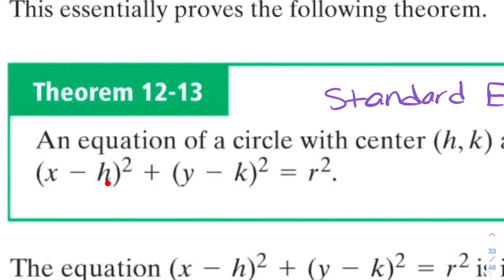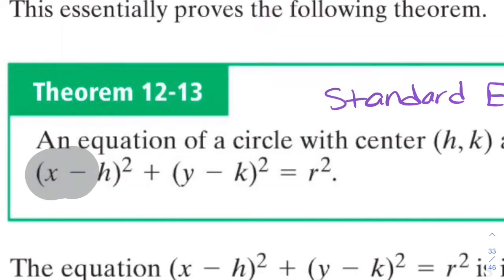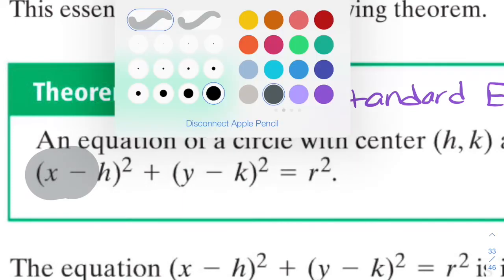So if your center, for instance, is 5, 2, it's going to look weird, but it's okay. It's going to be x minus 5 and then y minus 2. Because if you were to cover this part up, h itself is just going to get replaced by that number.